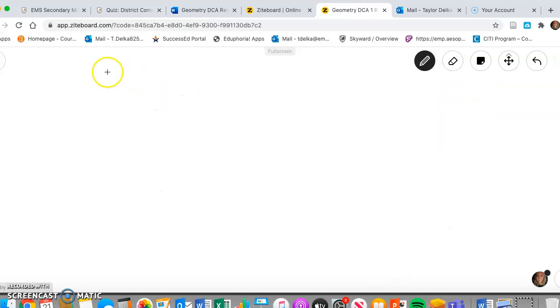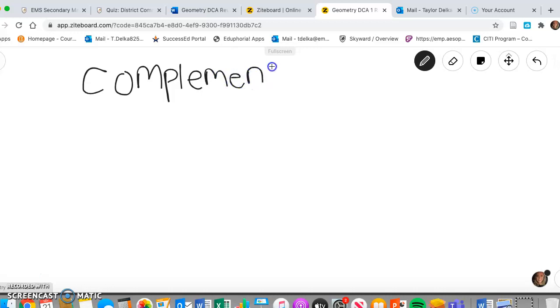Okay, so let's talk about the word complementary. Now, we learned back last week complementary and supplementary angles, and we're going to go a little bit further into them this week as well.